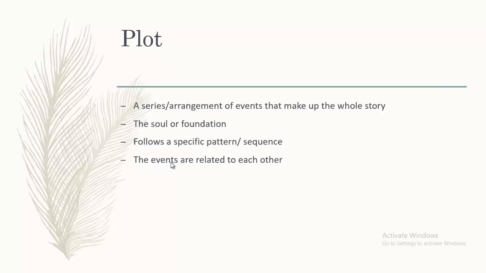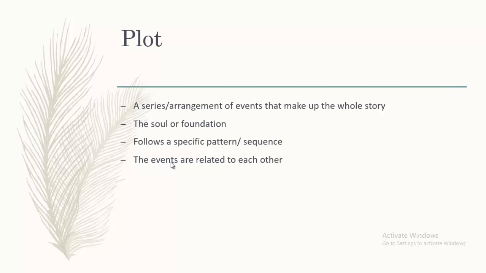And the events, the happenings, the incidents and the accidents, whatsoever is there, all of them must be related to each other. So there would not be any event in a novel which is completely unrelated to the collective story of the novel.